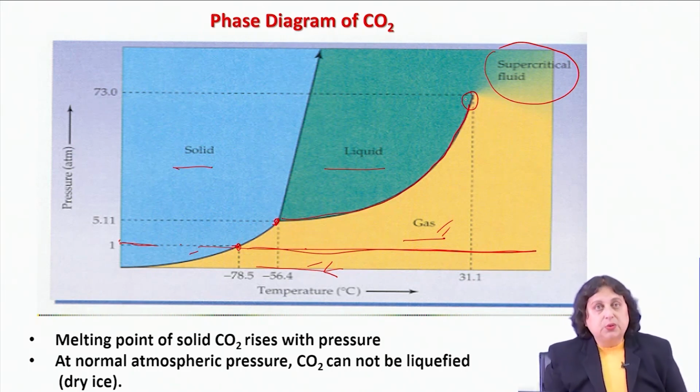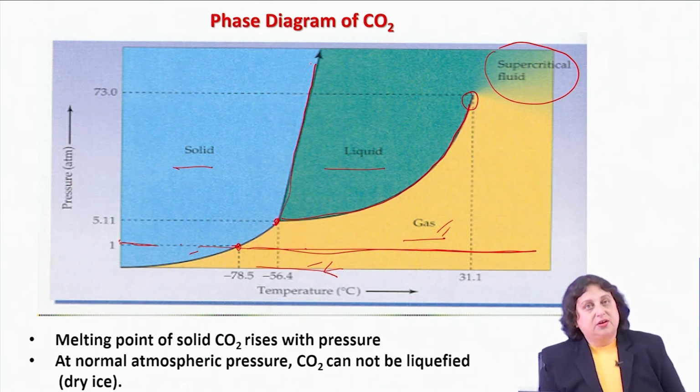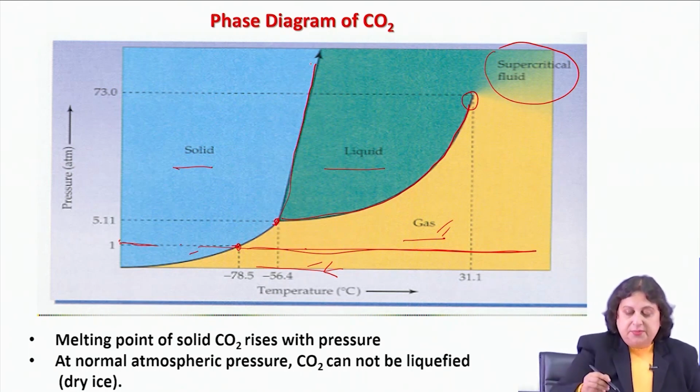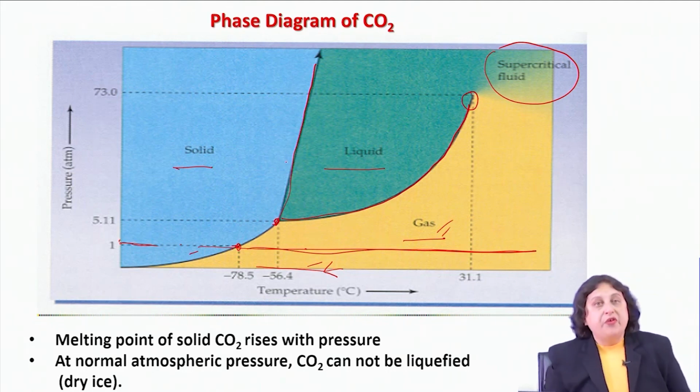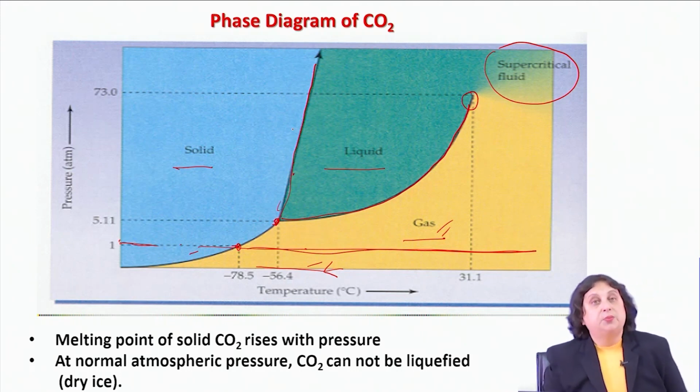And also if this is the line for the melting of solid carbon dioxide, or dry ice, now if I increase the pressure, where does the temperature go for the equilibrium between solid and the liquid phases of carbon dioxide? I find that the melting point increases as this line has a positive slope.